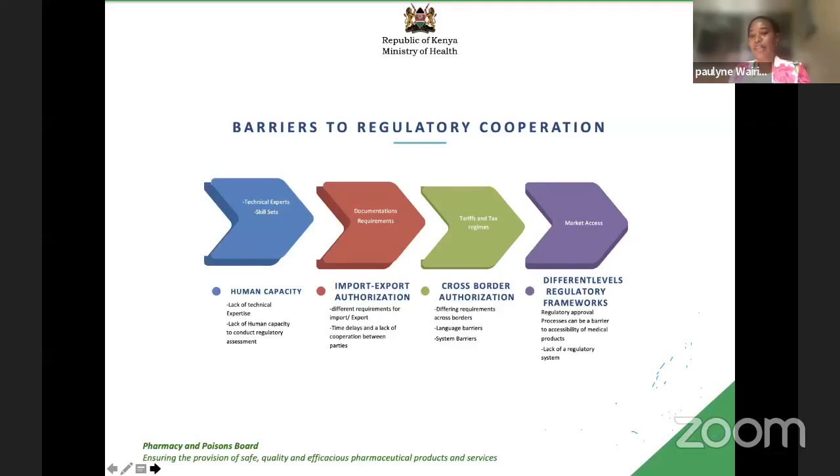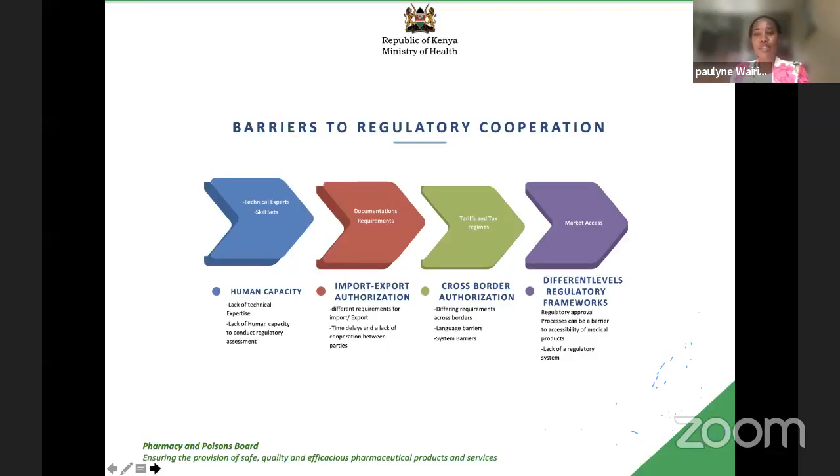Another challenge is market access. Of course, different regulatory frameworks, different regulatory landscapes, different regulatory systems, with some countries more advanced than others. This also will cause a barrier, because if Kenya is more advanced than its neighbor, somebody may decide to go to the neighbor in order to gain access to Kenya, or gain the Kenyan market in order to gain access to the neighbor.